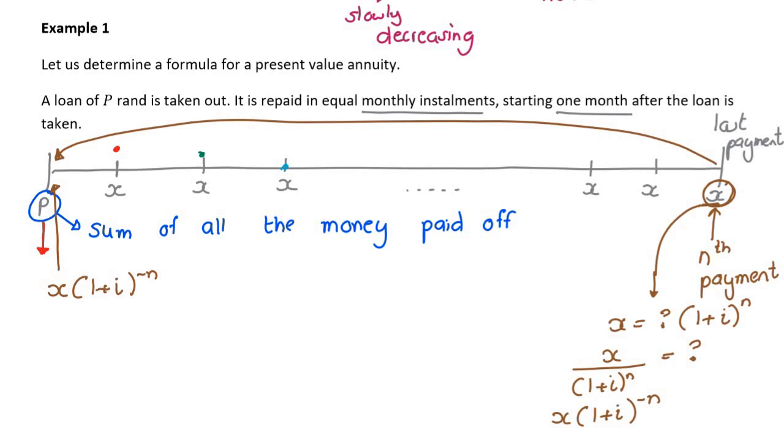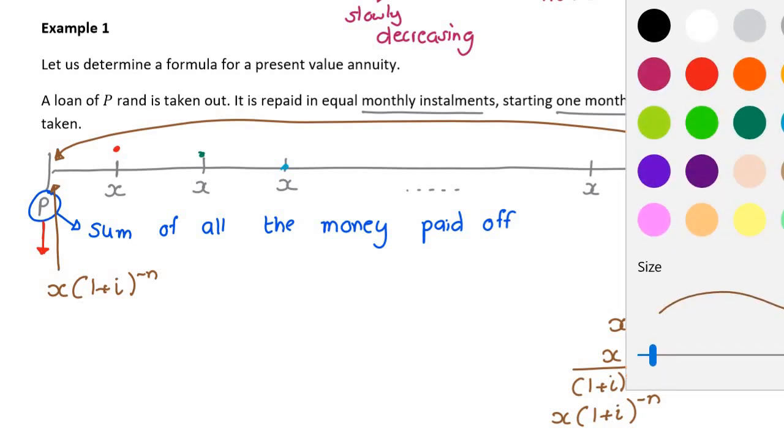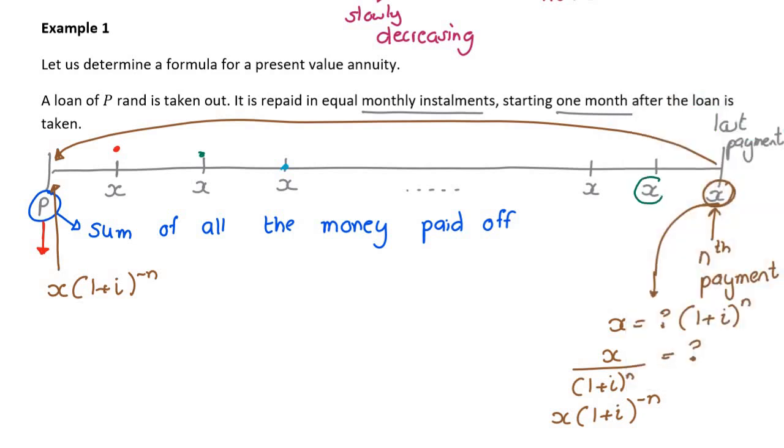Now if you have a look at this X value, I want to take that X value all the way back to the beginning and say, what is it worth now? So that X value will have surely one less time period's worth of interest. So it wasn't in the account for n time periods, it was one less. Now why have I said negative n plus 1?